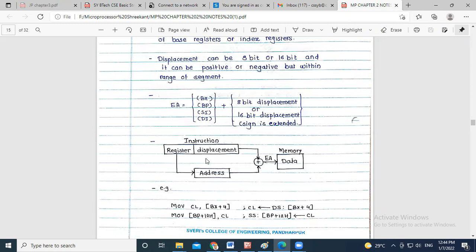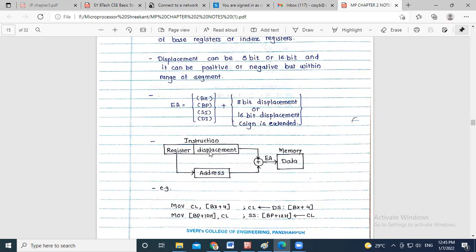So this one we indicate like this. In the instruction only, register and displacement, that BX is nothing but displacement, and through the register we give the address, that is the effective address, that's BX, BP, SI and DI. Finally we are pointing towards the data in memory, where it is present in the microprocessor.